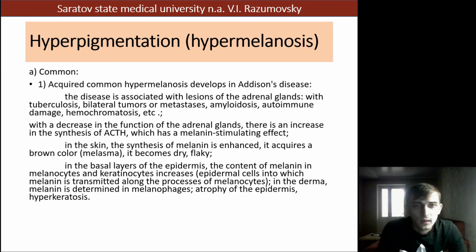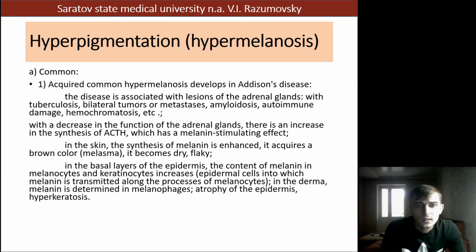Hypermelanosis, common hypermelanosis. Acquired common hypermelanosis develops in Addison's disease. This disease is associated with lesion of the adrenal glands, with tuberculosis, bilateral tumors or metastasis, amyloidosis, autoimmune damage, and hemochromatosis, and nerve diseases.